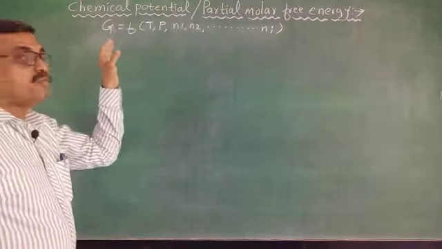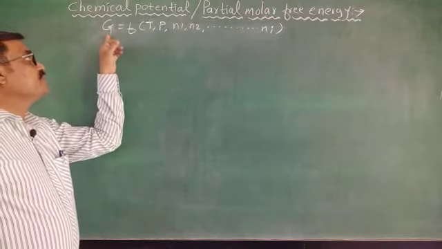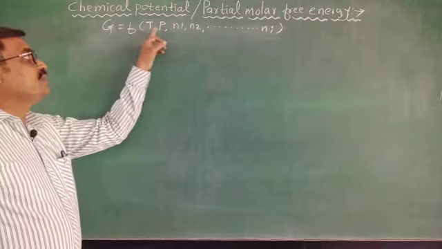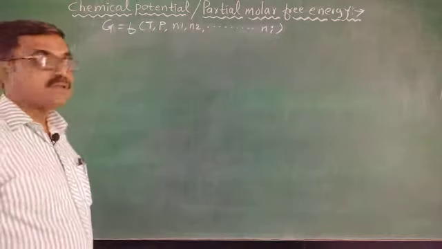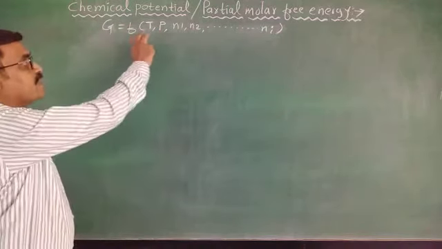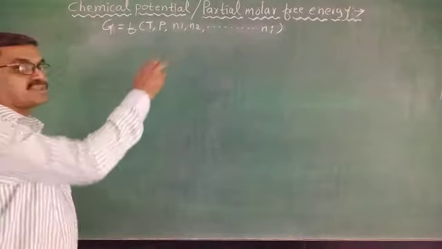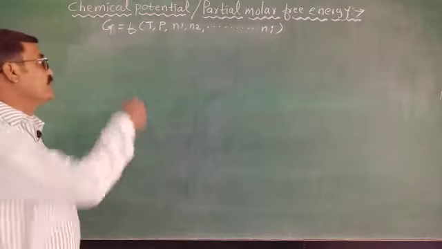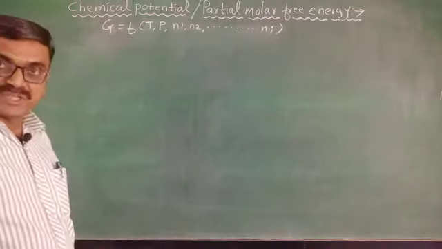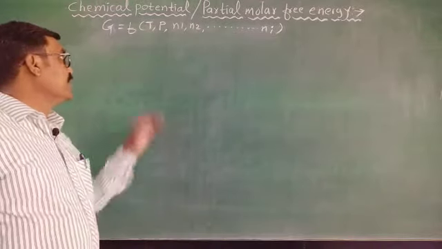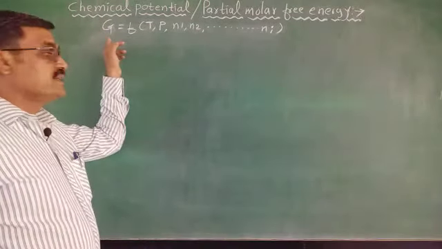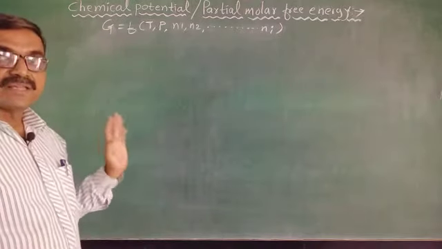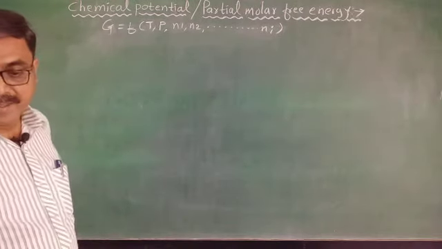Now for such a system, this Gibbs free energy is a function of T, P and number of constituents. Why is this so? Because as there is a change in temperature, pressure or any number of constituents, there will be a change in G, that is the Gibbs free energy. That's why this free energy G is an extensive property.